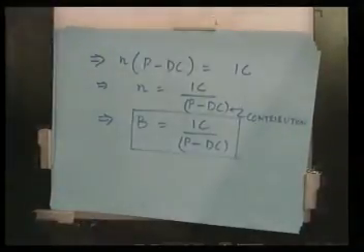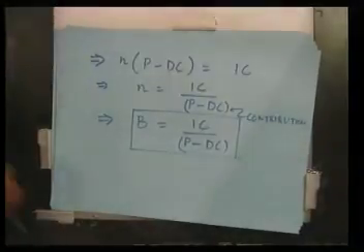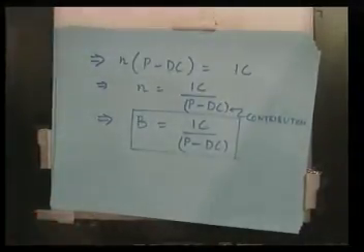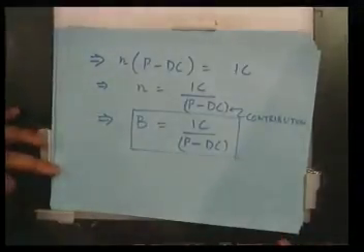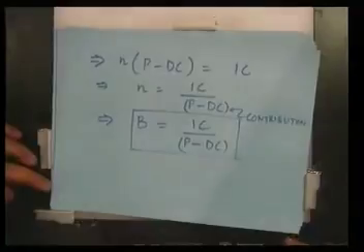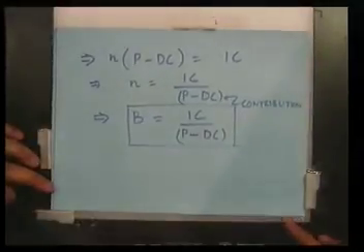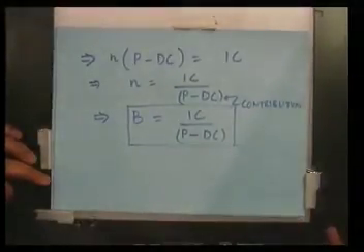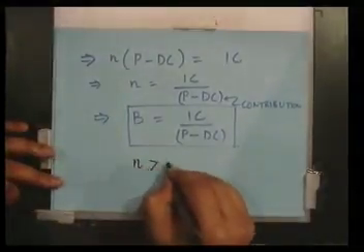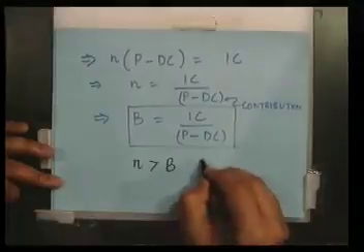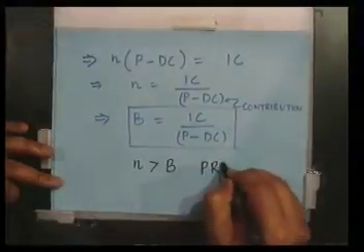We denote the break-even production by B. That is why I have written N as B, and this is the break-even production level. If N is greater than B, company is making profit.